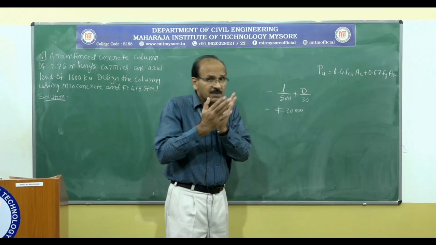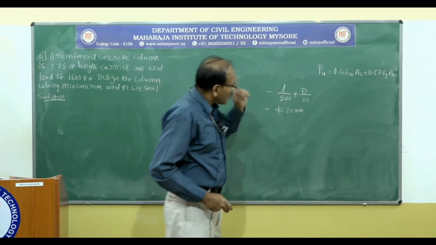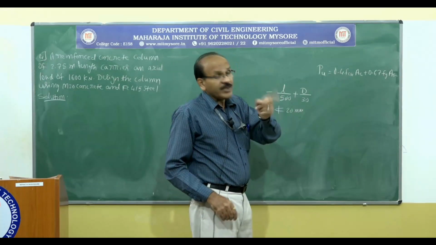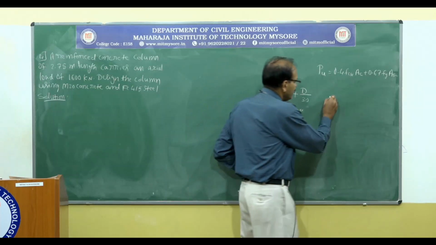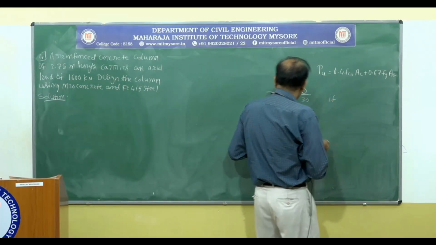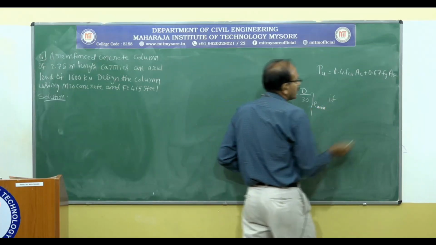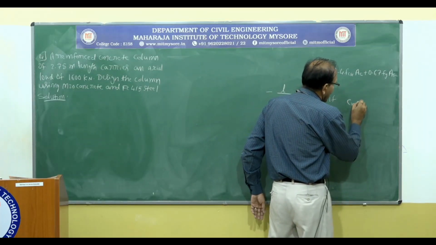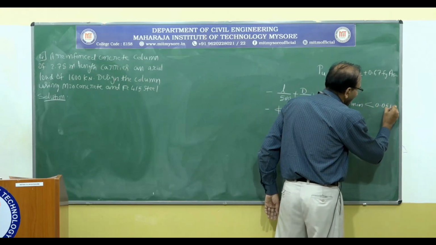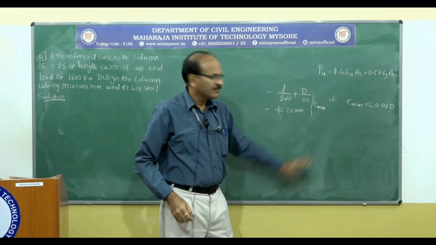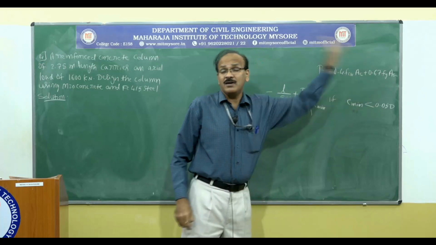Then if you go to page number 71 under 39.3, the code says for a short column, if this eccentricity E minimum is less than 0.05 D, then we can go ahead and make use of this formula.